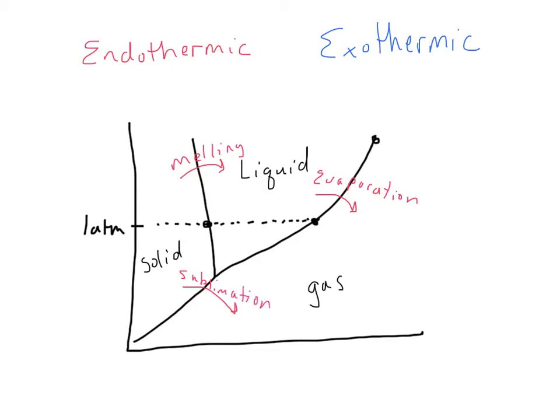Now if we look at the reverse, going from a gas to a solid is deposition, and it actually gives off energy. And if we go from a gas to a liquid, which is known as condensation, that also gives off energy. And if we go from a liquid to a solid, what we know as freezing, that also gives off energy and is exothermic.